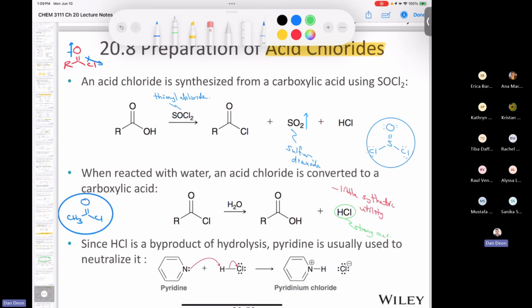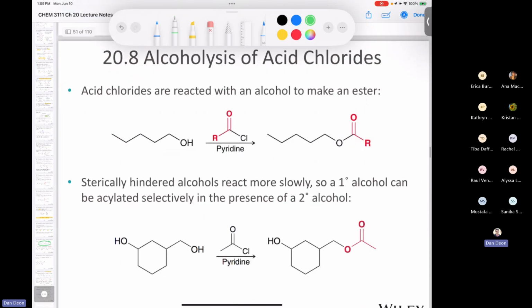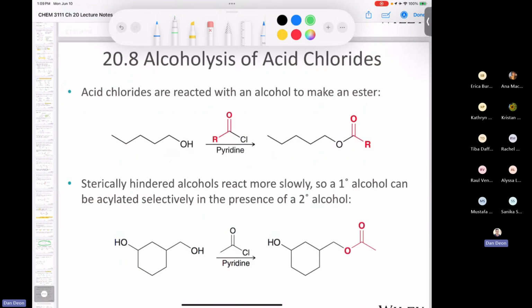And so if you add pyridine, which is a base, and you combine it with HCl, which is an acid, you end up with a salt, pyridinium chloride. So the pyridine serves to neutralize your hydrochloric acid. If you're not following me 100%, let me show you what I mean. If you take an alcohol and treat it with an acid chloride, you get a reaction where you form an ester.